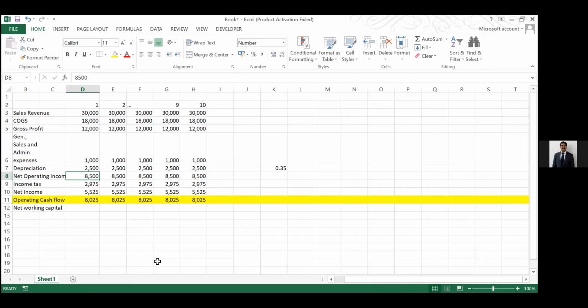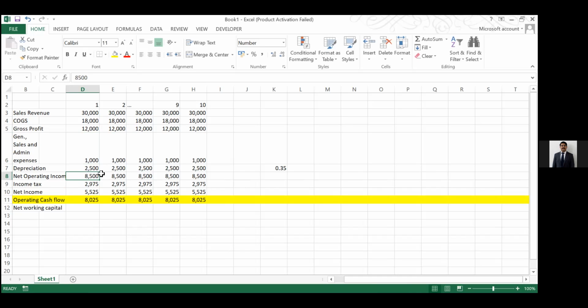Okay, let's leave it. Yes, operating cash flow. What is the problem, Natasha? Wait a minute, I'm just saying it, tell me if I am wrong somewhere. We calculated the gross profit, added this to it, right? And from this whole thing we subtracted depreciation, so we got EBITDA. Yes, this is EBITDA. 12,000 minus 1,000 is your EBITDA.